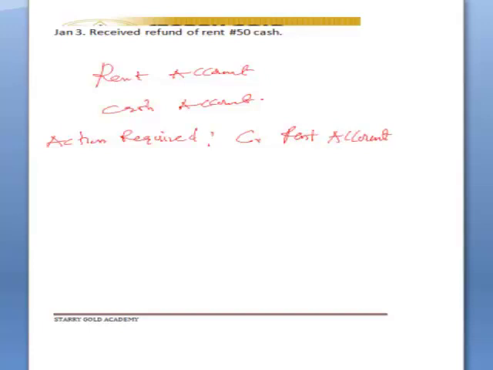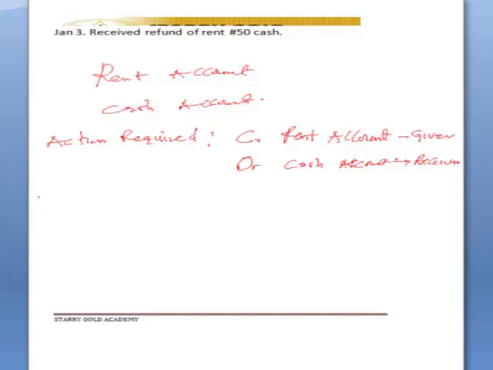The rent account is the giver in this case, and we shall debit the cash account, because the cash account is the receiver in this case.